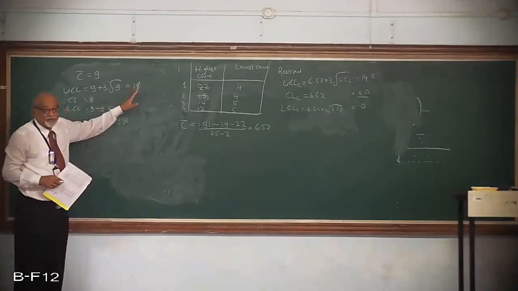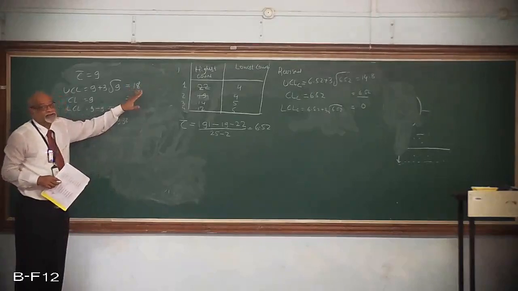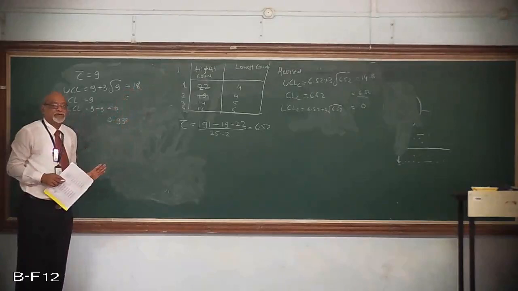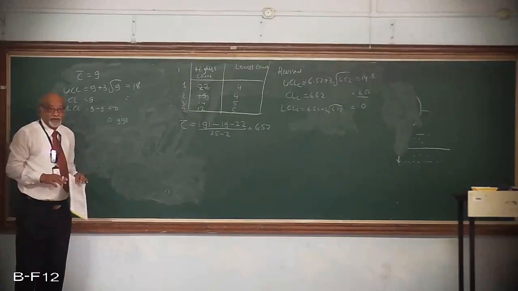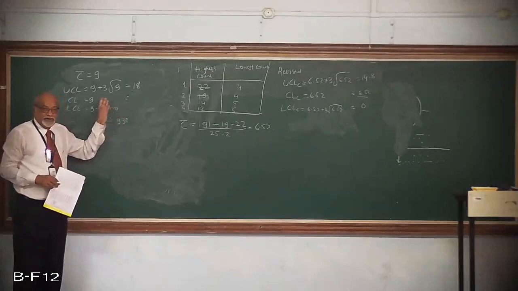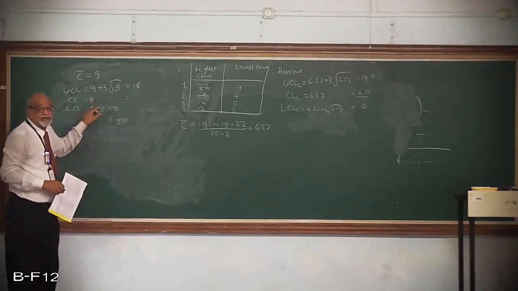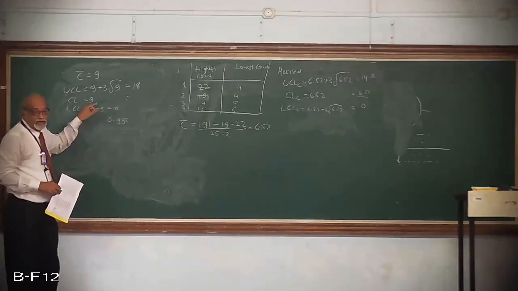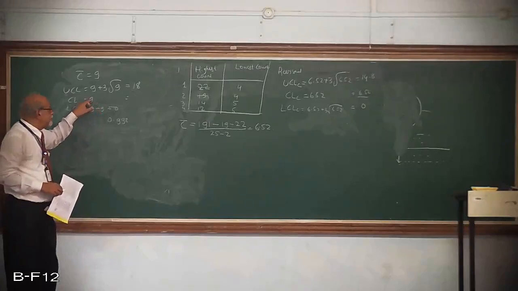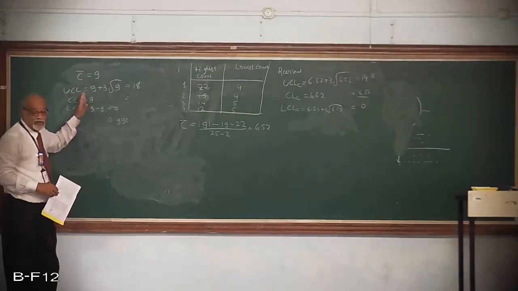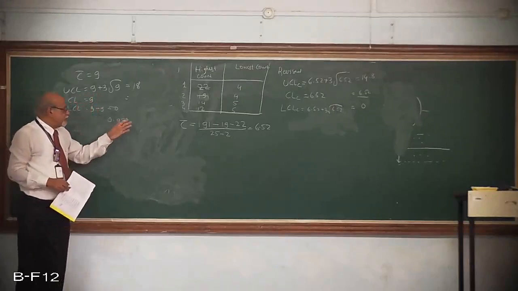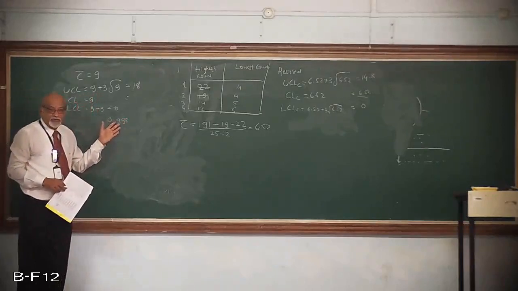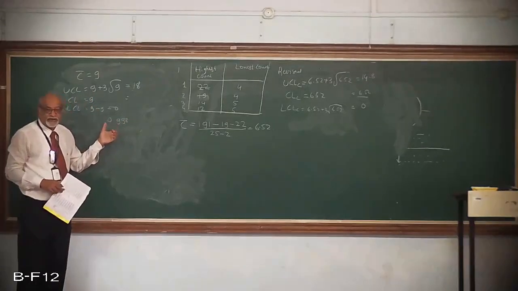Beyond that, if it consists of more than 18 imperfections, then we conclude that it is out of control. But really, it will have the average value hovering around 9 only. But we reject the hypothesis that its average value is 9, and conclude it is something else, more than 9. That is what it means. So this probability is how much? I can find out the probability that we are being right. It is 0.998.